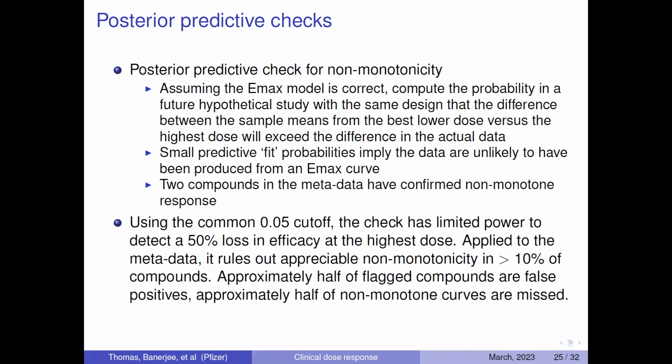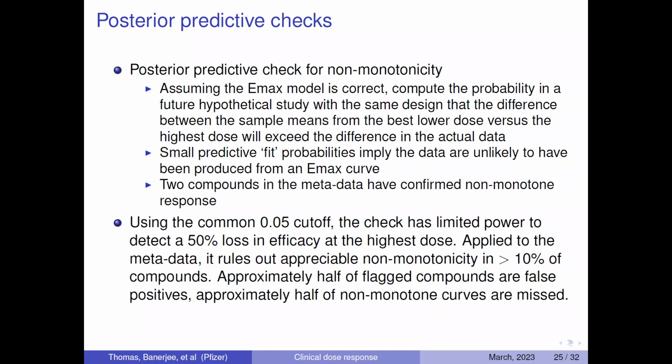Now, remember, we've seen 2 out of about 200. And I do think the real rate of non-monotonicity is closer to 1% than 10%. But given the variability in the data, we can only rule out something as high as about 10% of the compounds having non-monotone dose response. Even that high rate, which I really do think is higher than reality, is the best we can do with the data we have.